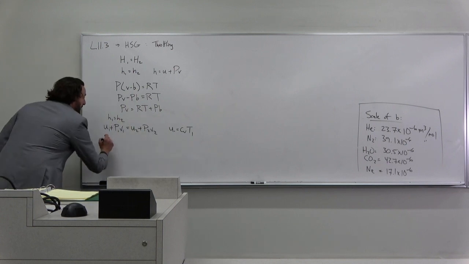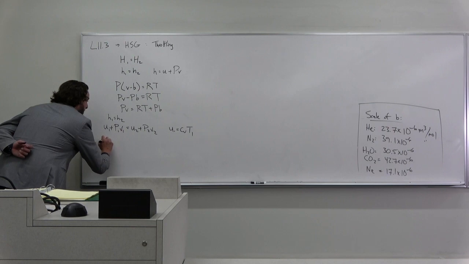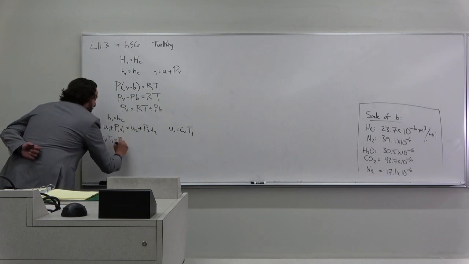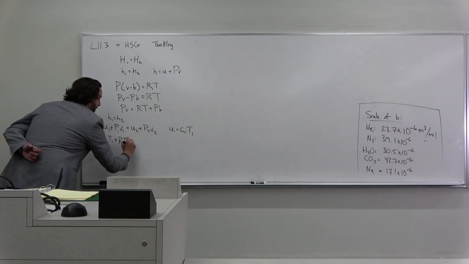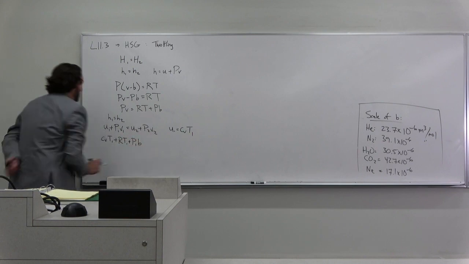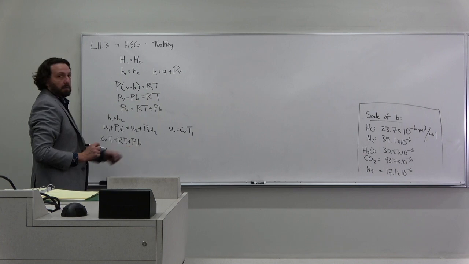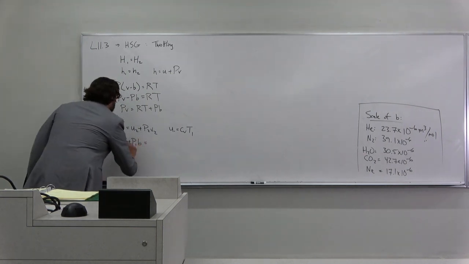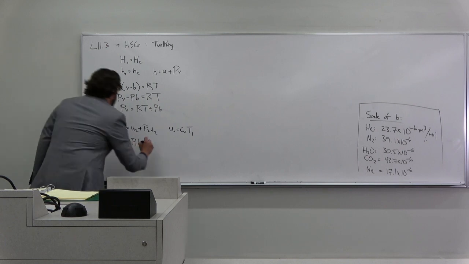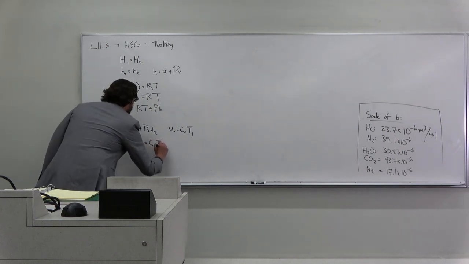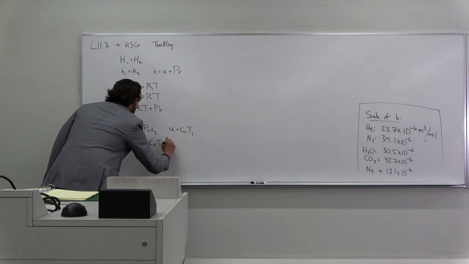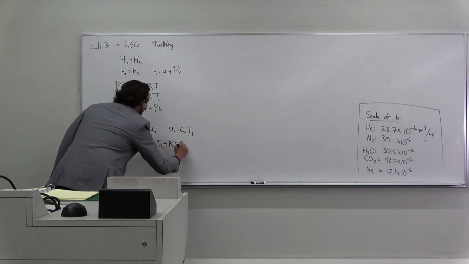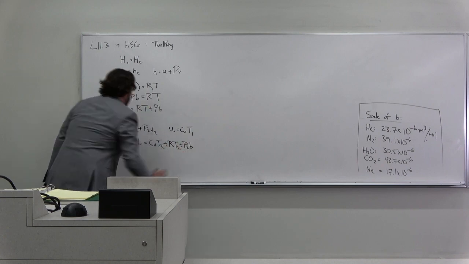This is going to be CV T1 plus RT1 plus P1B. CV and B are material parameters that don't change. That is equal to CV T2 plus RT2 plus P2B.